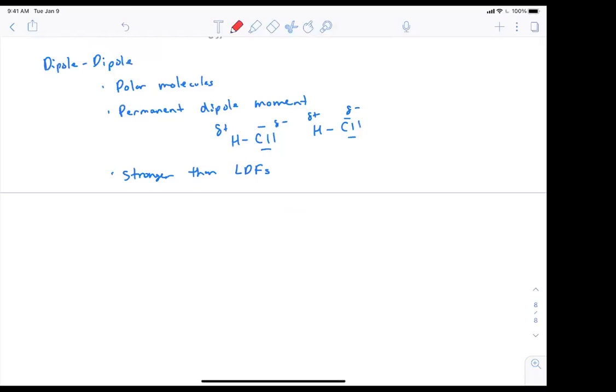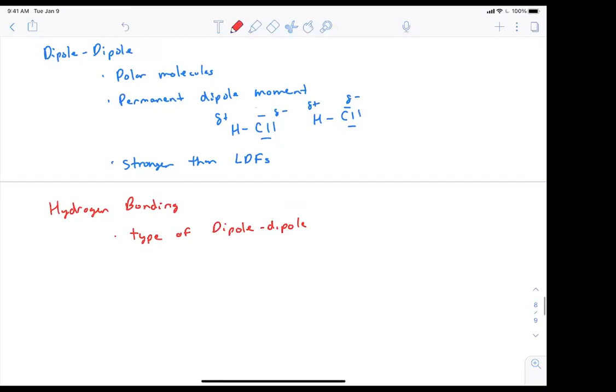And there's a unique version of dipole-dipole, which is very, very strong, and that's called hydrogen bonding. This is a type of dipole-dipole, but in this type, the difference of polarity is so strong it's as if there's a bond forming, because when you have H bonded to N, O, or F, these are the three most electronegative species that are the smallest atoms on the entire periodic table.